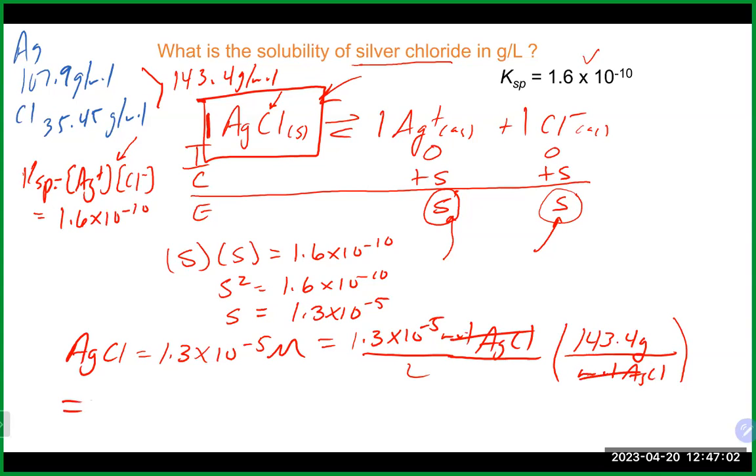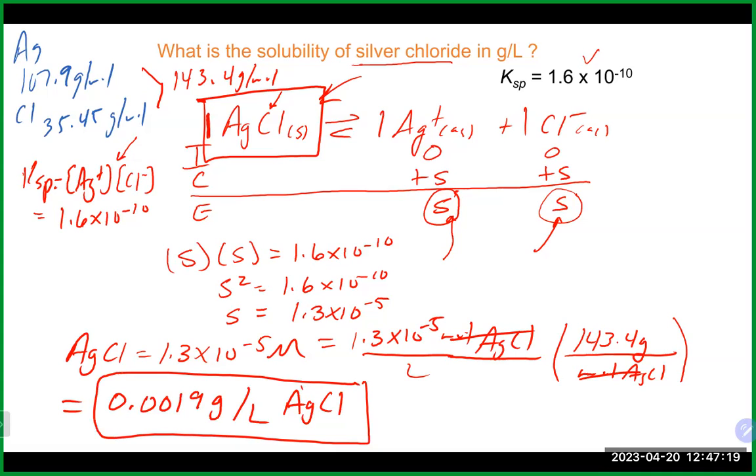And that will get us 0.0019 grams per liter is the solubility of silver chloride in water. Any questions on that?